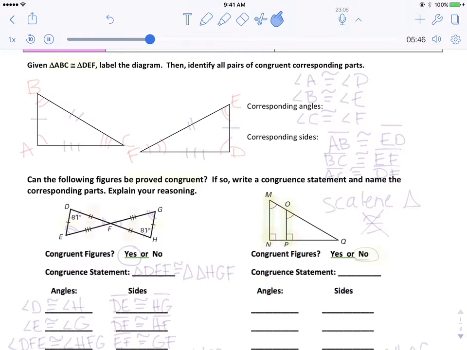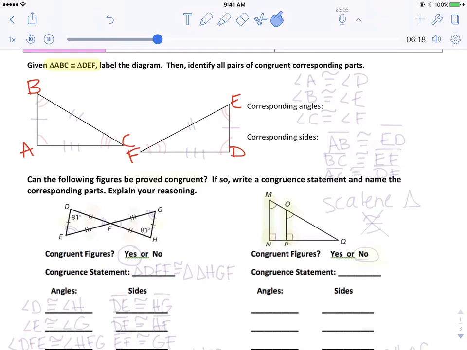So in this first diagram, these triangles are not labeled, so first we're going to label them. They told us in the given information that ABC is congruent to DEF. So triangle ABC is congruent to DEF. And even though those two triangles are flipped around, I can still clearly see which angles would be able to match up to each other.